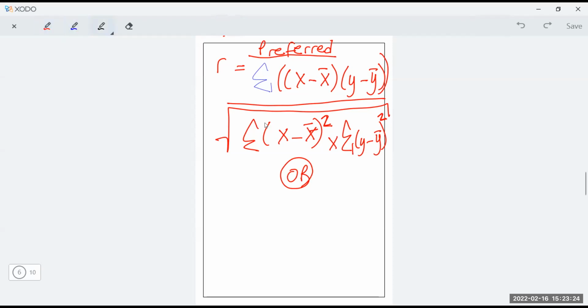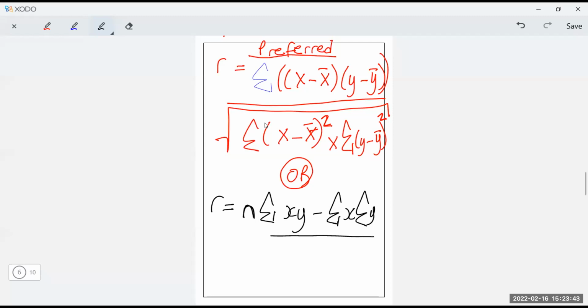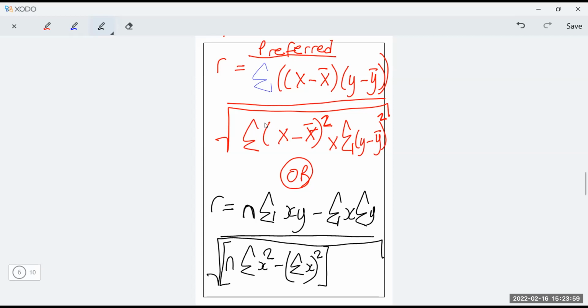The next formula is R is equal to n times the sum of XY, minus the sum of X times the sum of Y, divided by the square root of n times the sum of X squared minus the sum of X all squared, put a bracket around this, then all of that is multiplied by n times the sum of Y squared minus the sum of Y all squared.